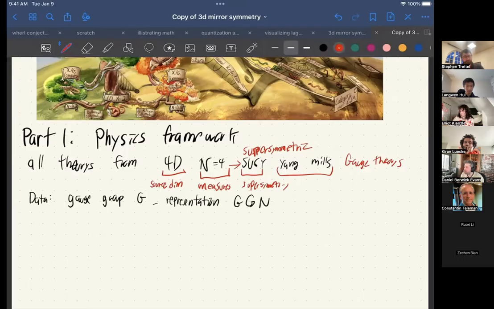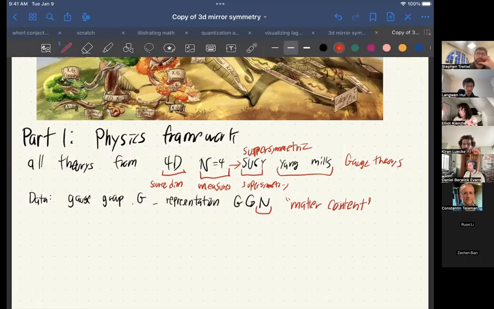Just for the physics words, this is the gauge group, as I already said, but we're going to think about this N as the matter content. Again, we should think about these as words to translate what physicists are saying into our own language. So if we don't know what matter is, that's fine.